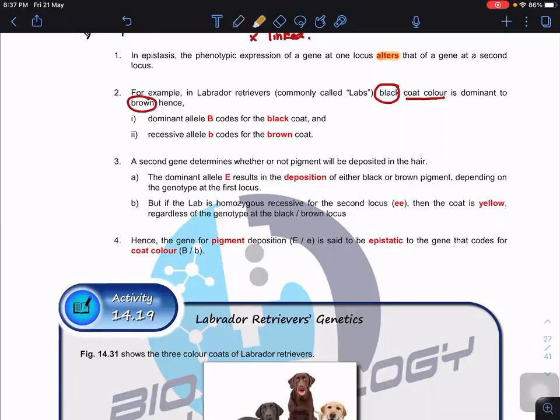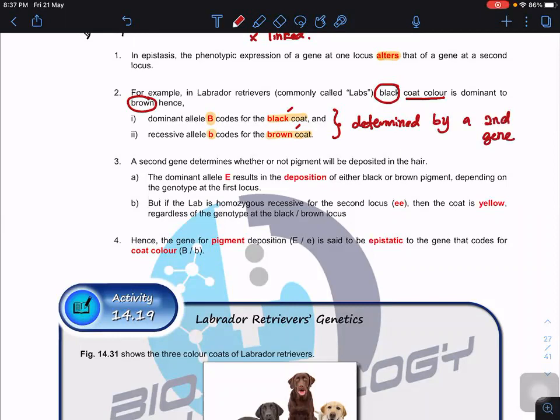So if you use the symbols here, big B will code for the black coat, small b will code for the brown coat. But whether it's black or brown, this has to be determined by a second gene, which determines whether the color can be deposited or not.